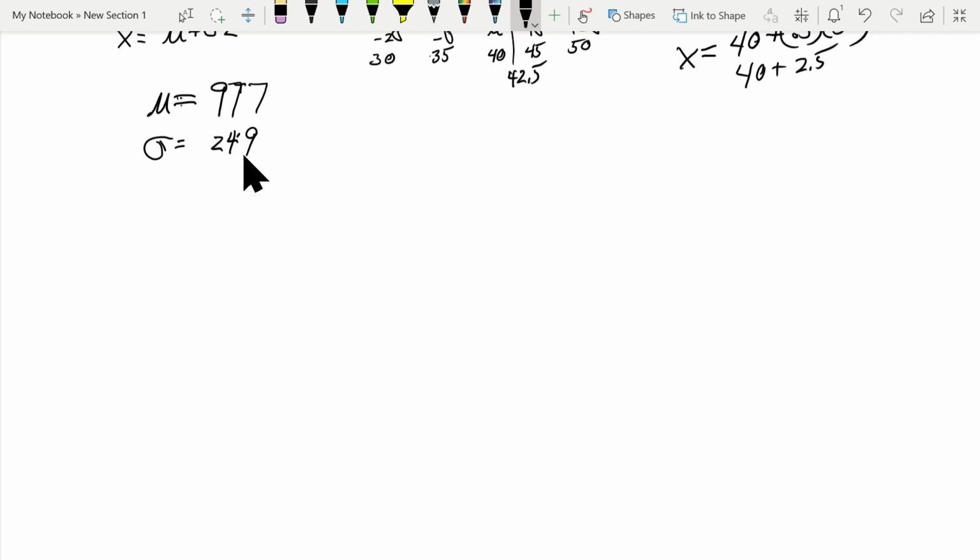In Wisconsin, the mean is 1294 and the standard deviation is 180.